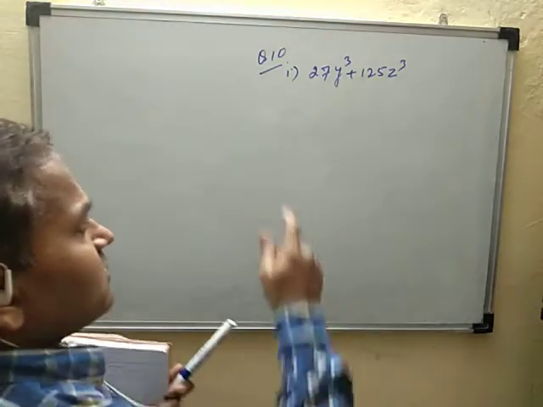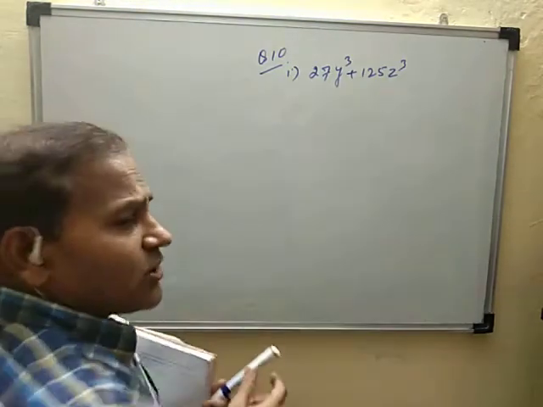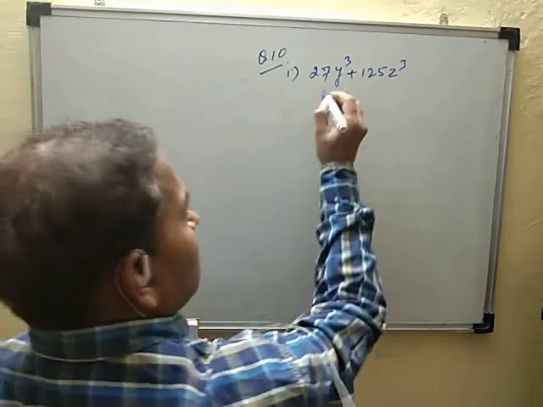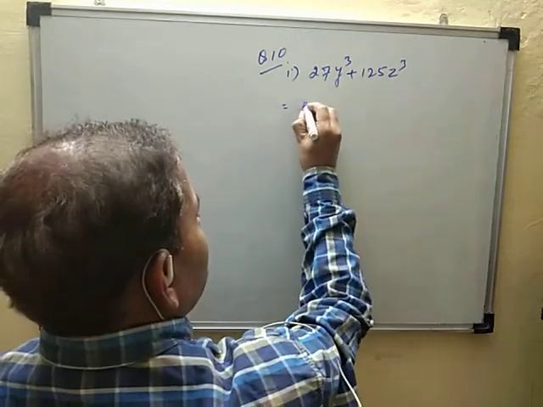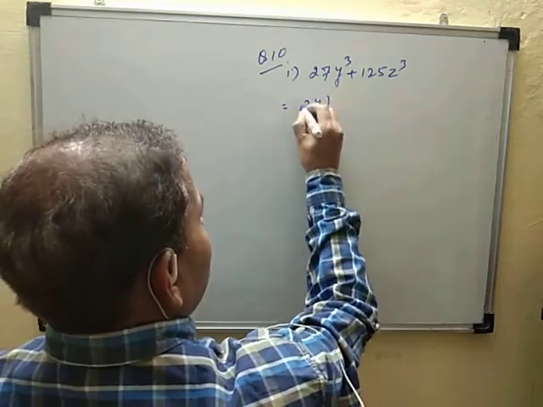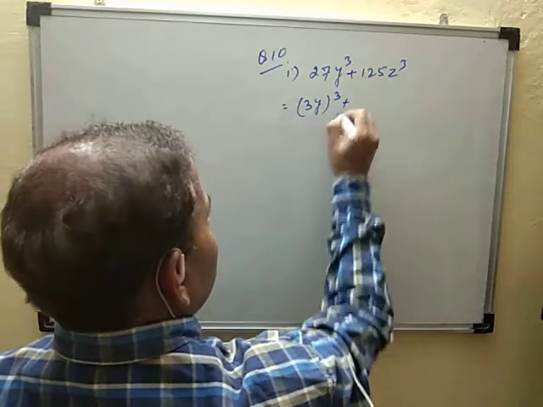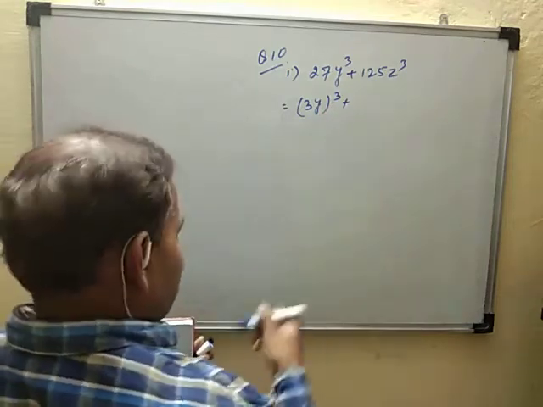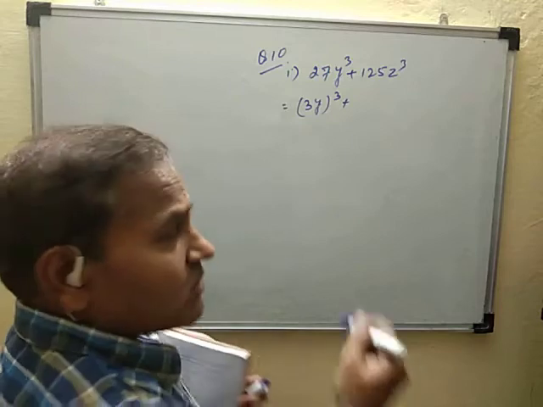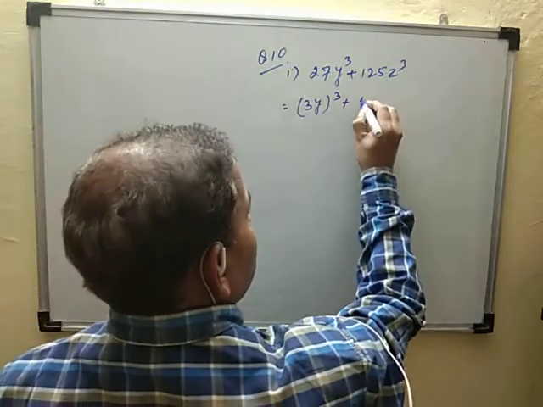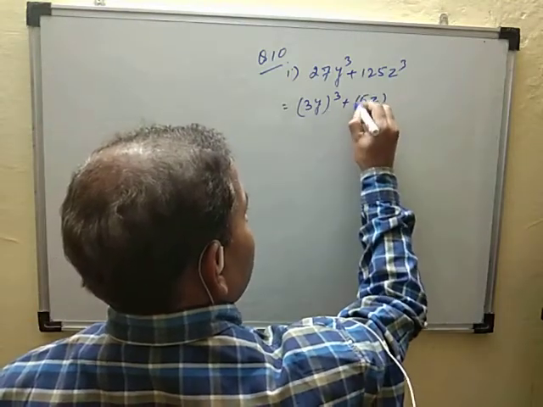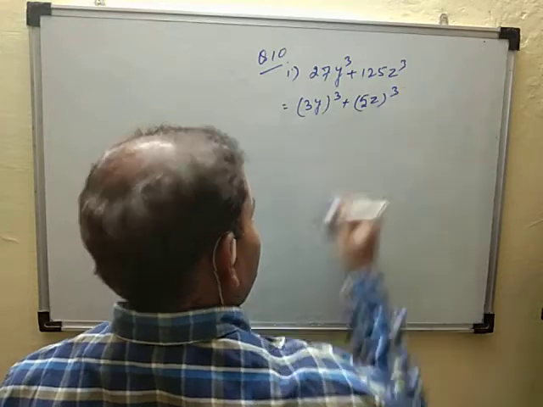So this 27 can be written as 3 cube, and y cube, so this can be written as (3y) whole cube, and 125 can be written as 5 cube and z cube, so this can be written as (5z) whole cube.